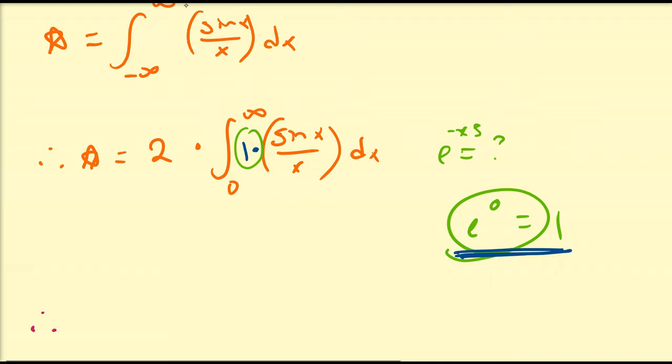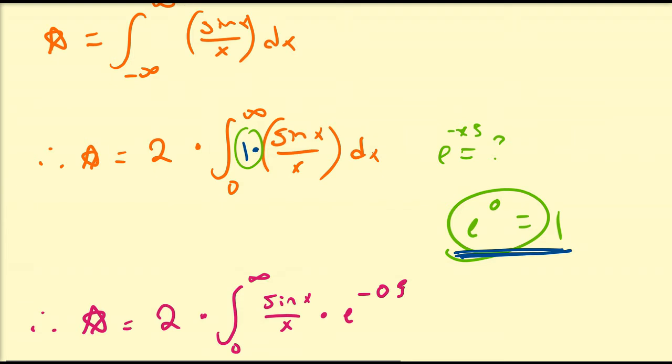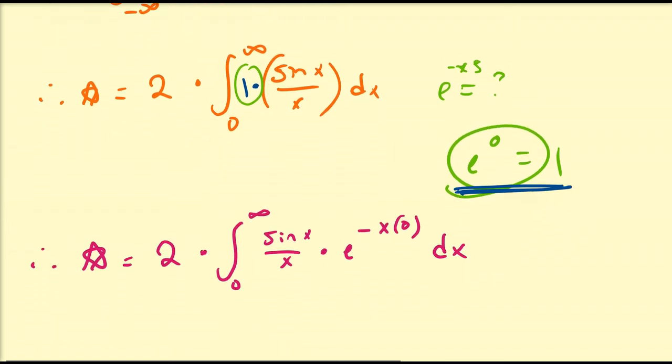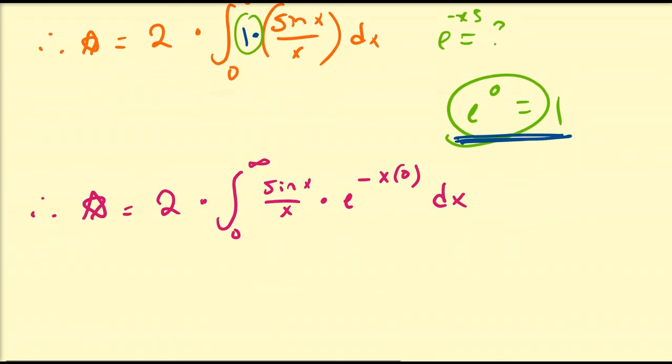So that means this integral star is going to be equal to 2 times the integral from 0 to infinity of sine of x over x times e to the minus 0 psi, or e to the minus x times 0, dx. And that's going to be true for all x, right? So there's no big deal there. So now we're going to let psi be equal to minus 0, which is of course equal to 0.